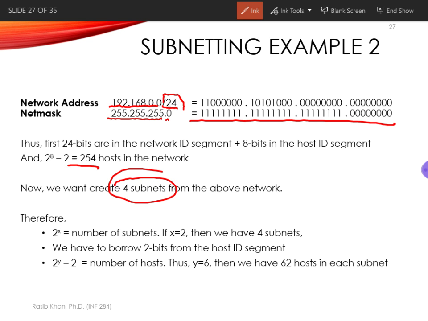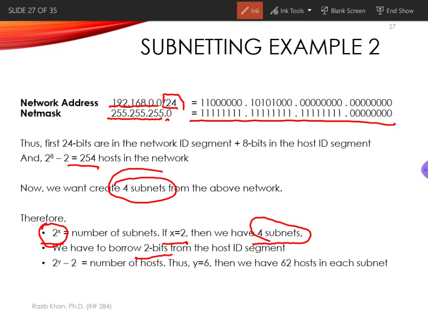So now we know that it is 2 to the power x, where x is the number of bits that we need to borrow for creating the subnets, and if we set x equal to 2, 2 to the power x is equal to 4. That is the same number of subnets that we would like to create. So we only need to borrow 2 bits from the host ID segment.